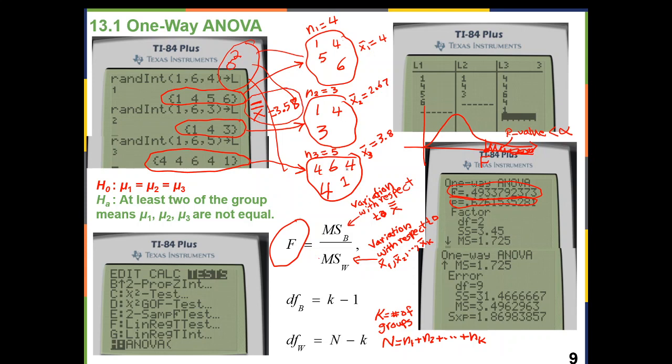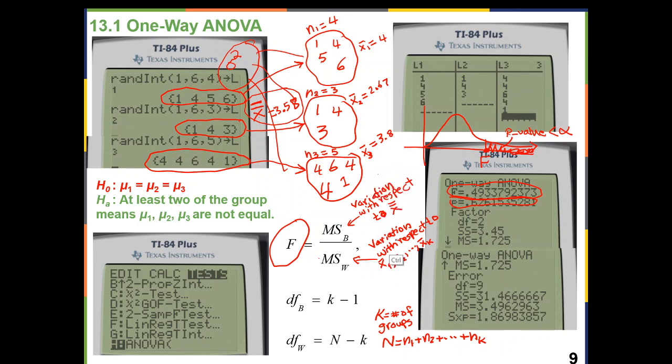So there are two types of variations. One is the variation with respect to that grand mean, per group. So the unit of this variation is variation per group.